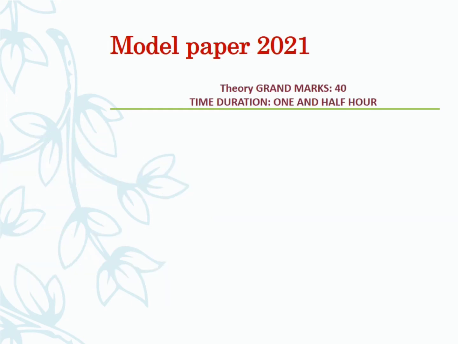So students, after the COVID pandemic situation, the model paper of 2021 has been designed by the Board of Intermediate, in which also your theory total marks are 40 and time duration 1.5 hours. But a few changes are made.